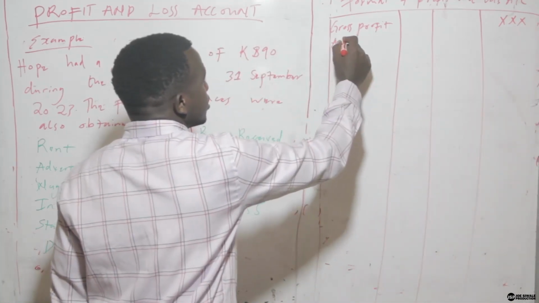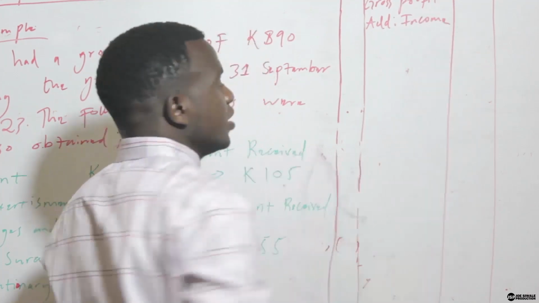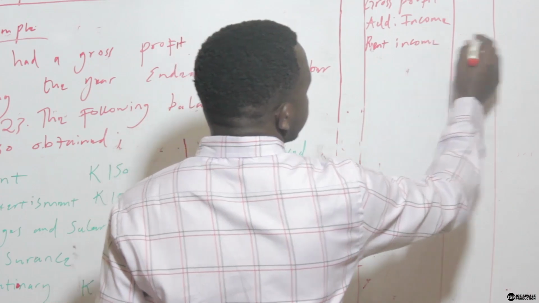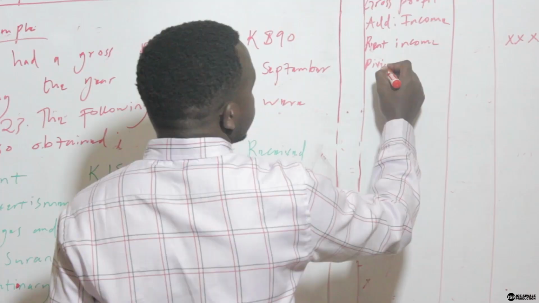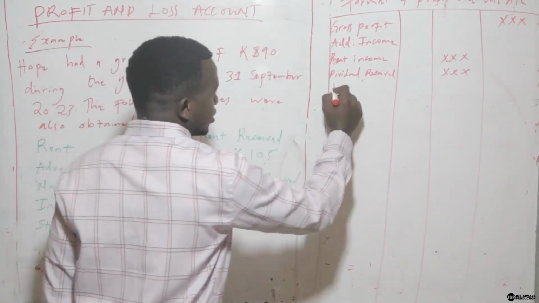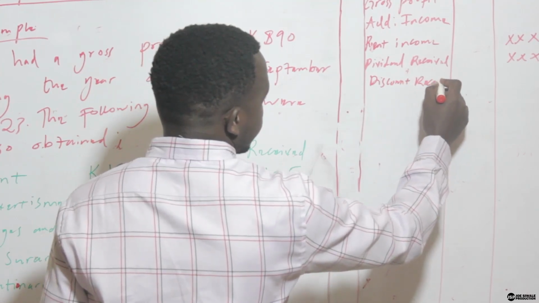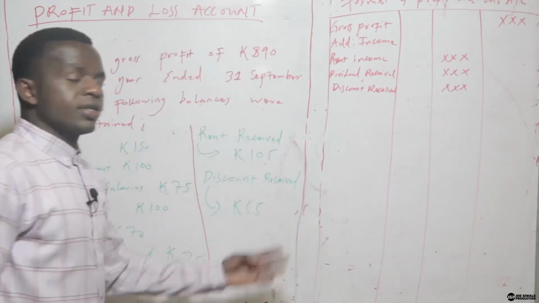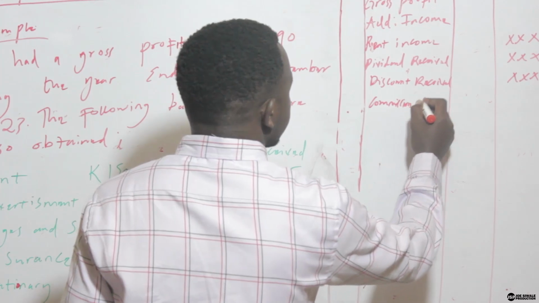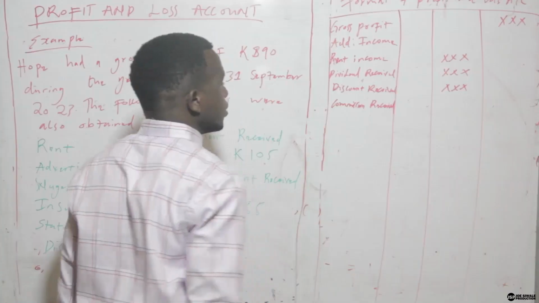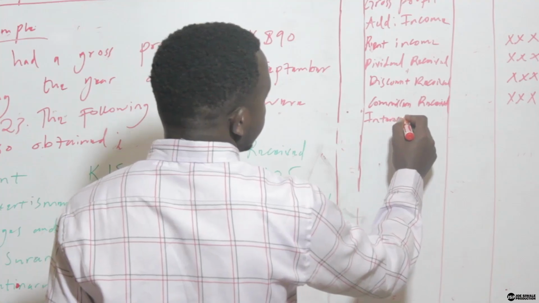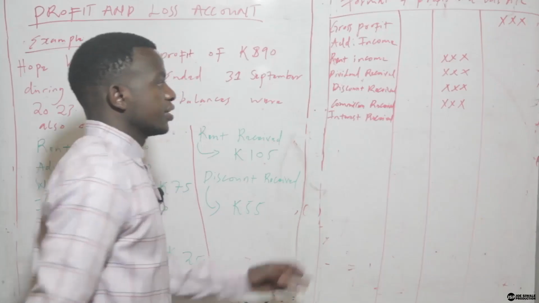Then we're going to say add income, and this income can be rent received, rent income, then we can have dividend received, then we can have discount received, then we can also have commission received, can also have interest received. So these are some of the examples of income.